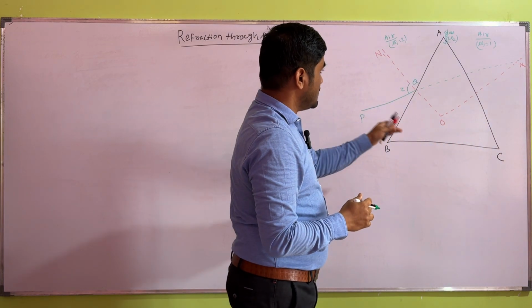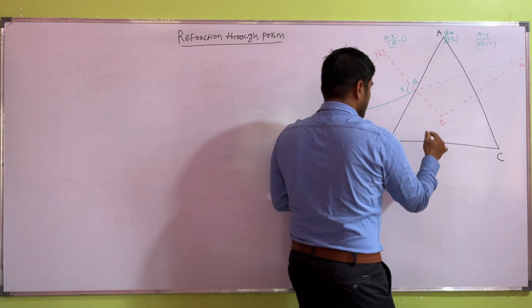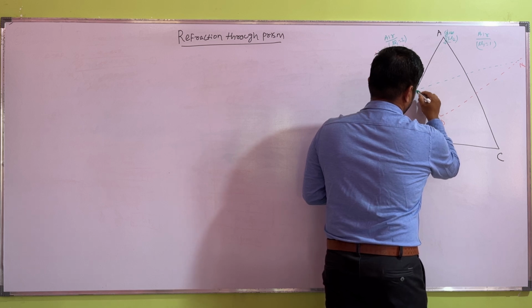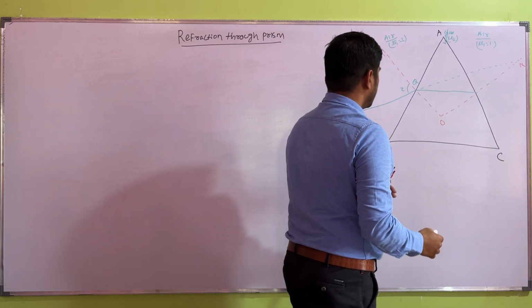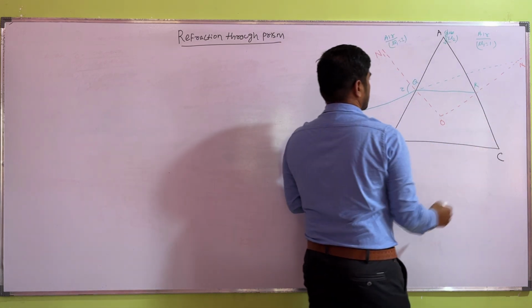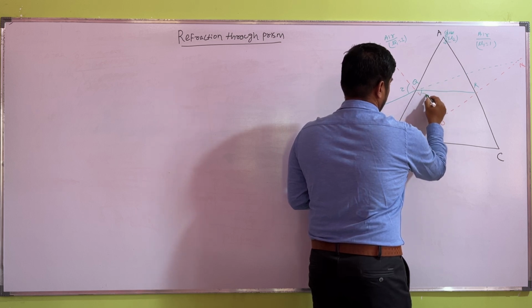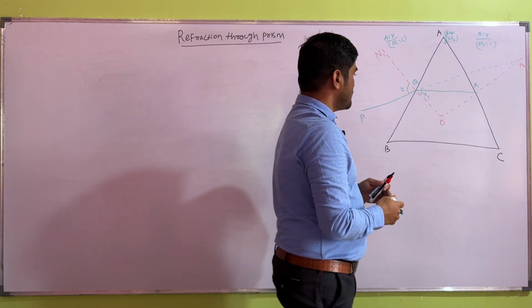As there is a prism present, due to the change in medium, refraction will take place and the incident ray will change its path and move in this way, QR, where this angle is the first refraction angle R1 and QR is the refracted ray.